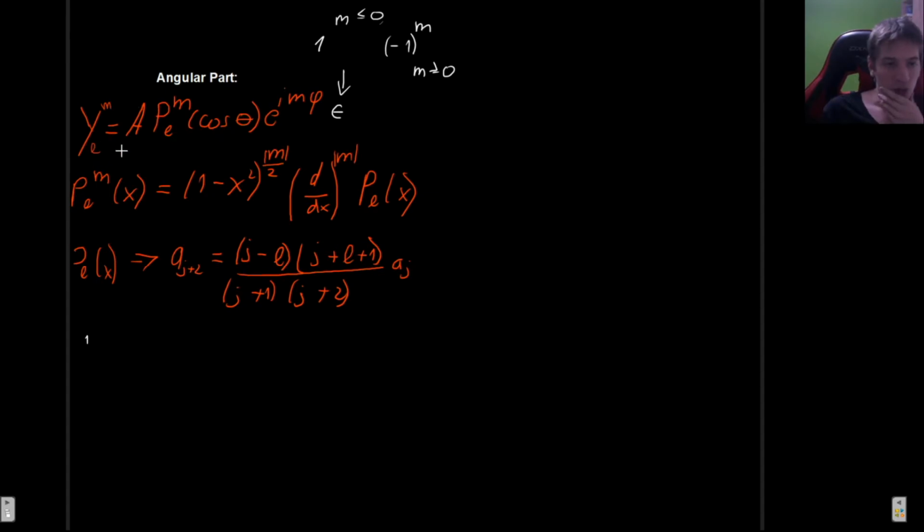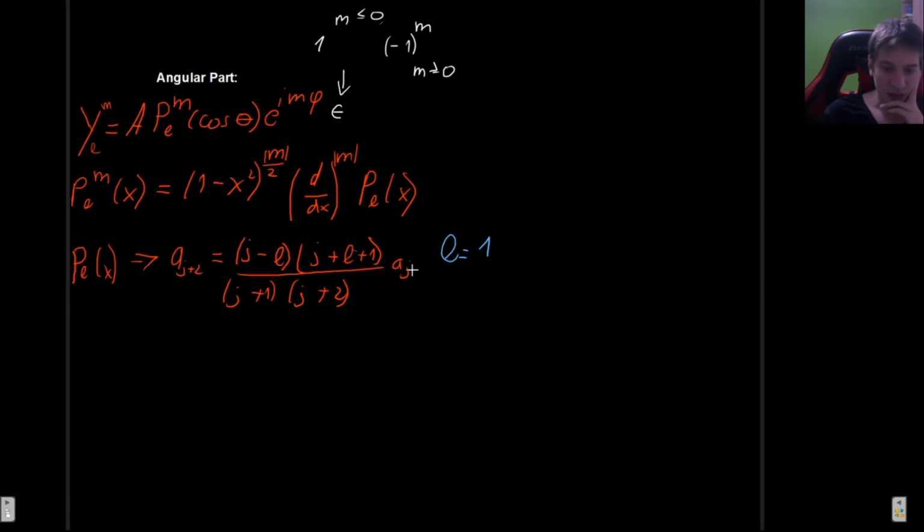Okay, so to find Y10, we need to find these associated Legendre polynomials, and to find the associated Legendre polynomials, we need to find the regular Legendre polynomials, for which we need this. Now, what is our value of L? Our value of L this time is 1. So this means what is going to be the maximum value for A?